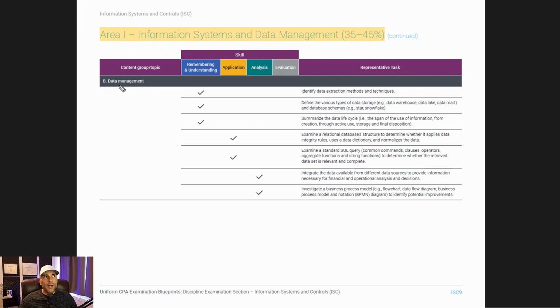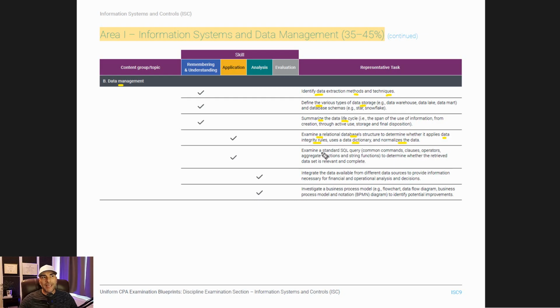The last part of Area 1 is data management. You'll need to identify data extraction methods and techniques. You'll need to define the various types of data storage. You'll need to summarize the data life cycle. You'll need to be able to examine the relational database structure to determine whether it applies data integrity rules, uses a data dictionary, and normalizes the data.